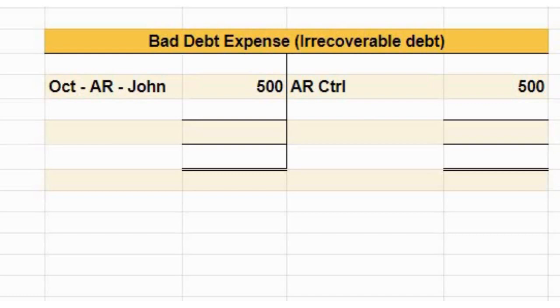So in method 2 it's debit bank, credit accounts receivable control. You then debit accounts receivable control to reinstate the debt, and you credit bad debts. Now that's exactly the same as debiting bank and crediting bad debts and cutting out the accounts receivable completely, because it only cancels each other out anyway.